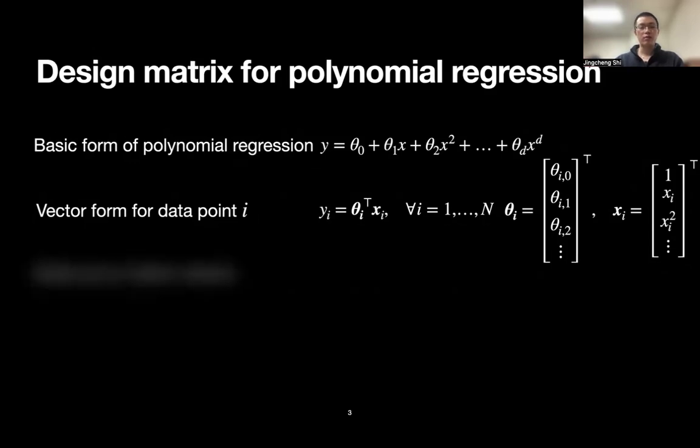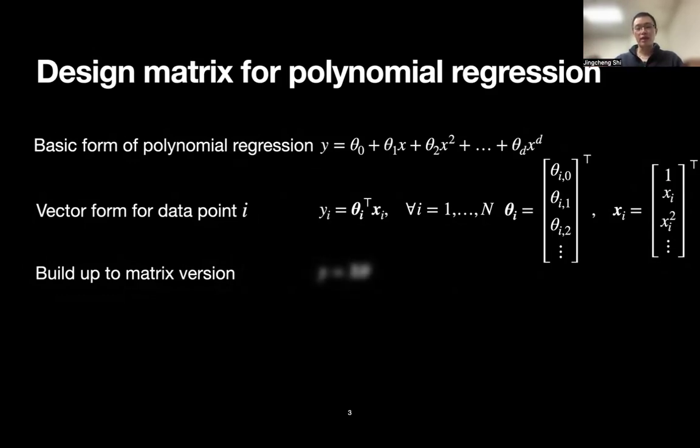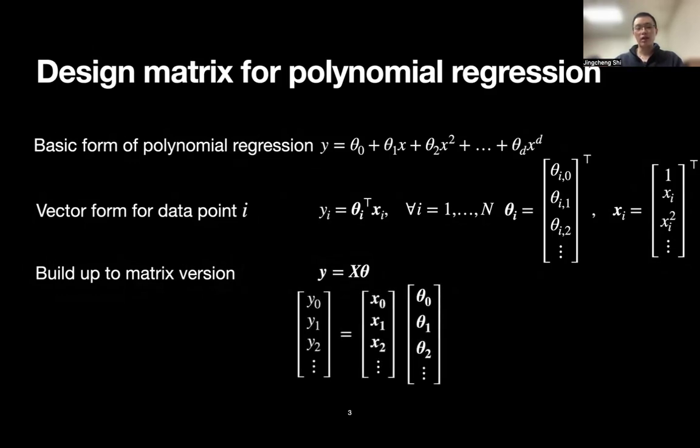Further, we can build up this vector form for different data points into a matrix version. It looks like this general form: y equals X times theta. Remember that the vector y consists of y_0, y_1, y_2, which are different scalar values. But here x_0, x_1, x_2 are different vectors, shown in the second row; they are vectors, not scalar values.